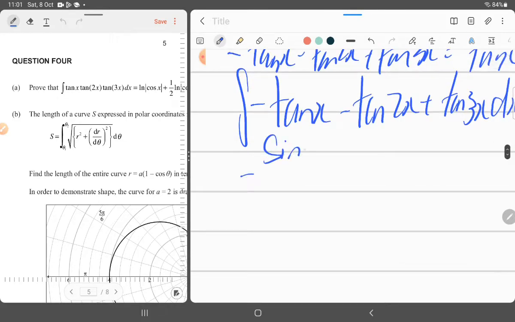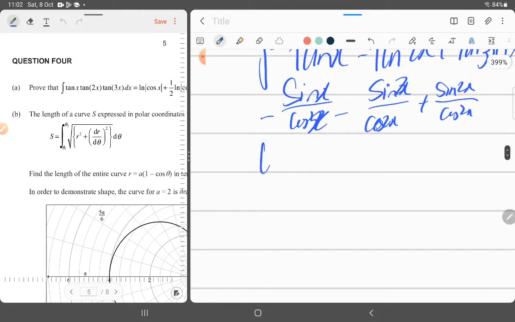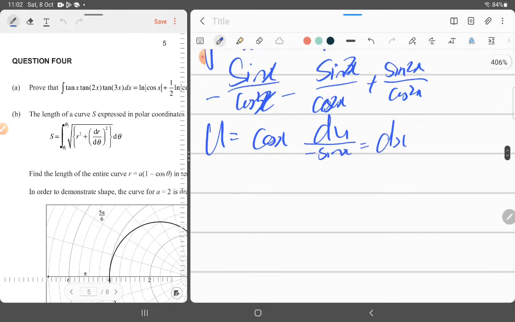Minus sine x over cosine x, sine 2x over cosine 2x, sine 3x over cosine 3x. So we let u equal cosine x, and du over negative sine x is equal to dx. And then we can do that likewise with everything.